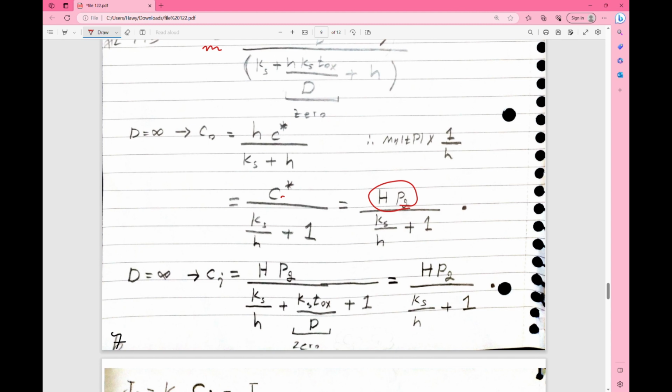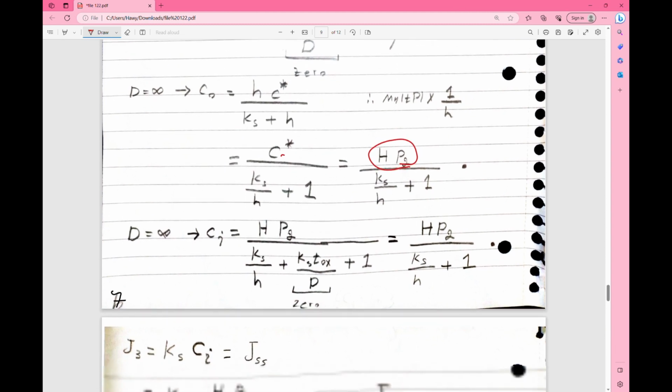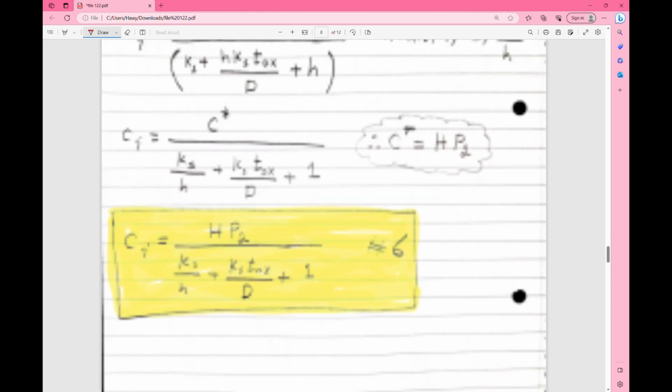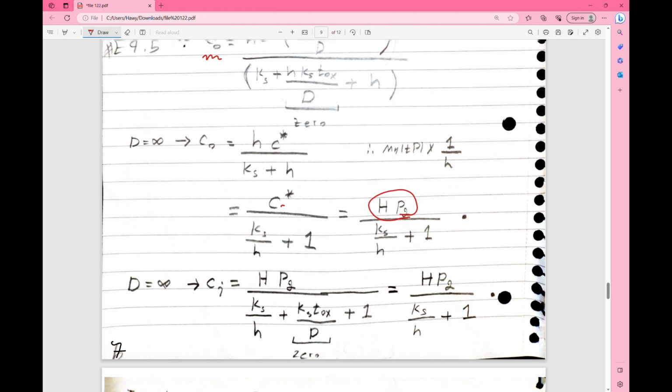It's okay. Now we will do the same just for Ci. This is the Ci. Same way, put d equal infinity. If you put d equal infinity, this part will be 1 over infinity. Anything over infinity will be 0. So this part will be 0. This is what is left.